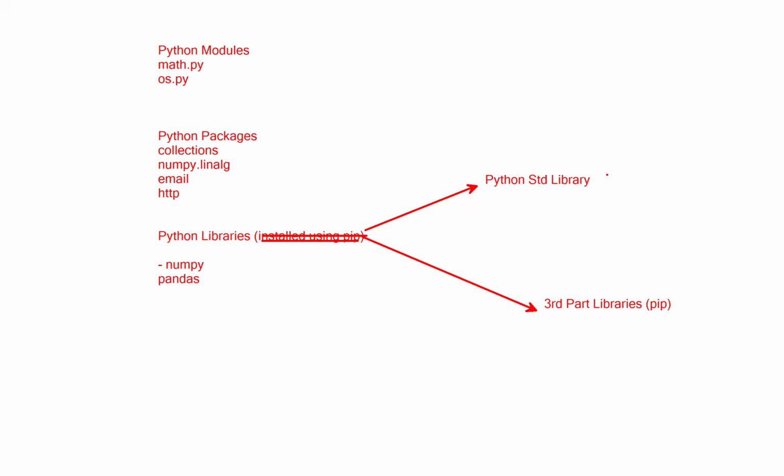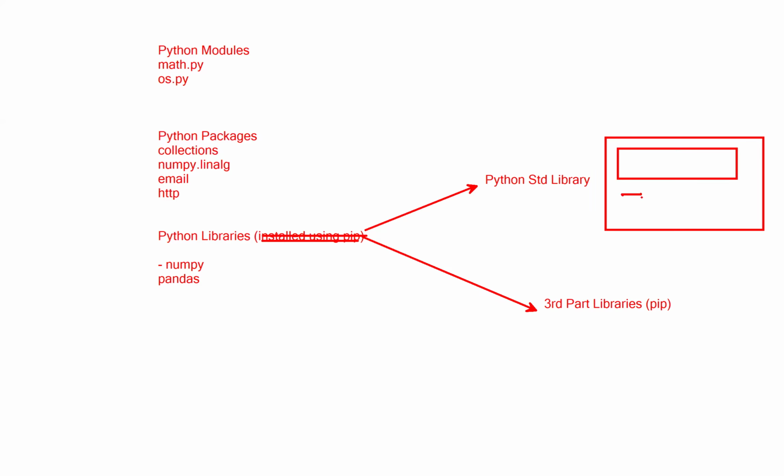What does the Python standard library contain? It contains packages as well as modules. What are the examples of modules that come under the Python standard library? We have already seen math.py, os.py, random.py, whatever we have seen a couple of minutes back.